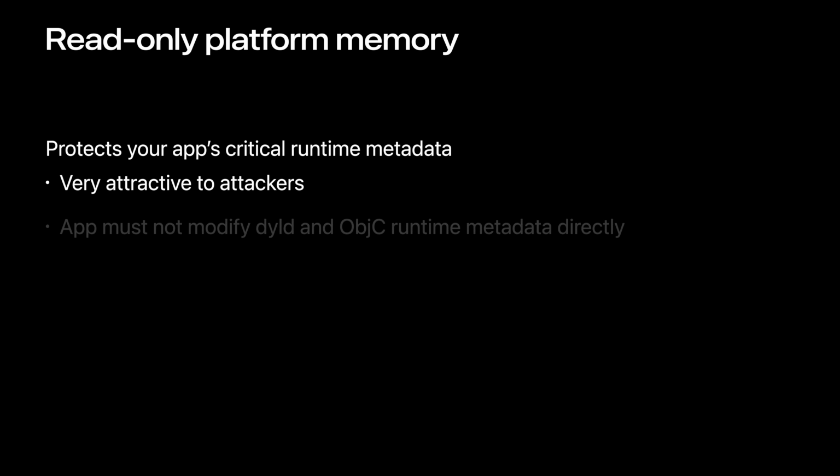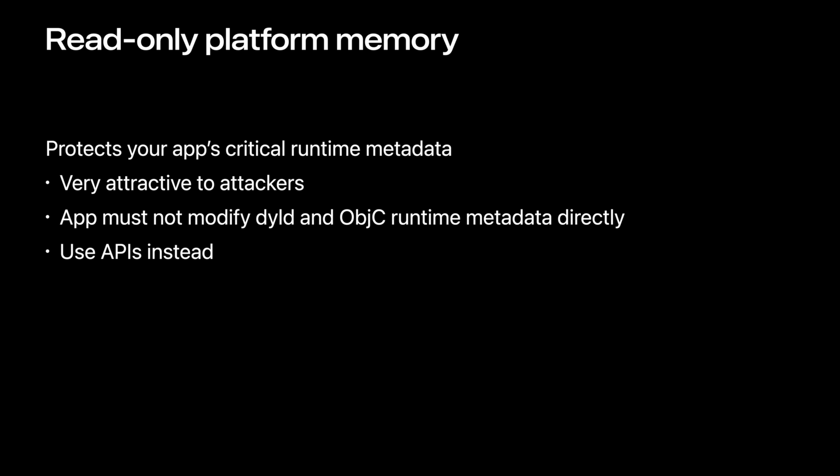The fourth protection is read-only platform memory. The dynamic loader is responsible for loading code in your app and its libraries. It's a very attractive target to attackers. If they're able to compromise the dynamic loader's metadata, they can use it to fully control your application.